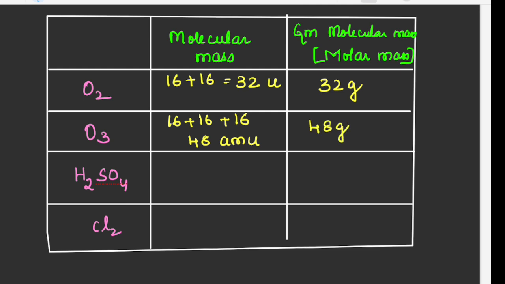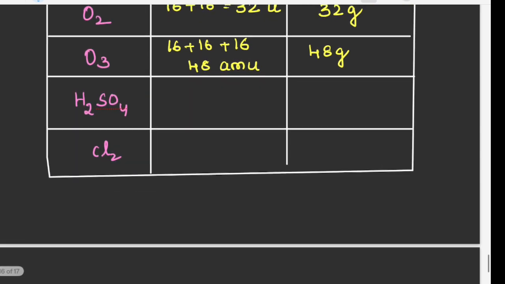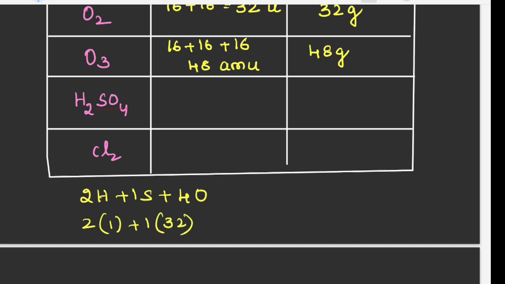Clear? Next for sulfuric acid. In sulfuric acid, you can see there are 2 hydrogen atoms, 1 sulfur atom, and 4 oxygen atoms. So 2 hydrogen atom mass is 1 plus 1, sulfur atomic mass is 32, plus 4 oxygen atoms of 16 each.